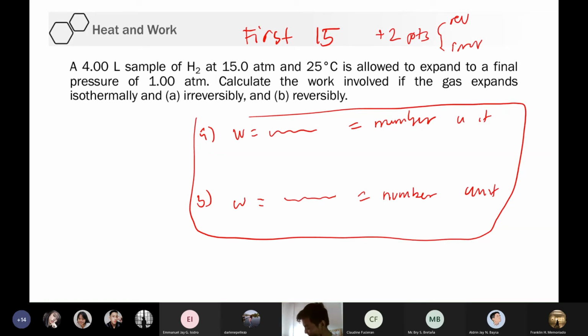Wala pa rin nagsasend. Nagugutom na yung pusa. Kung nagugutom na kayo, kain kayo. Hindi ko naman kayo i-judge, kasi wala naman kayong camera. Ay, may nag-send na ba? Tignan ko. Yung activity lang pala yan.